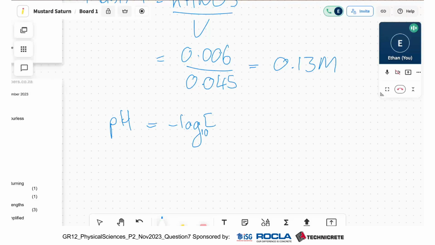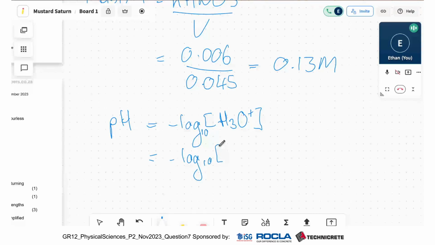If you just use the log function, it automatically goes base 10, then H3O plus. Substituting values in, negative log 10 of 0.13 gives a pH of about 0.89. So very, very acidic.